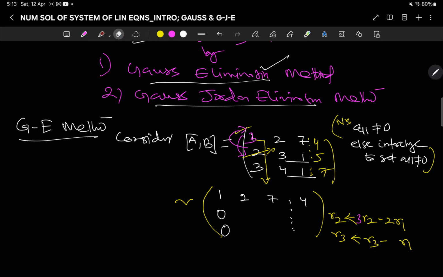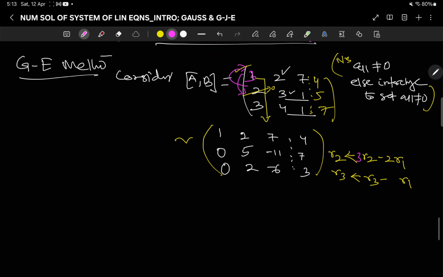After that your calculation will be 3 R2 minus 2 R1, it is 9 minus 4, which is 5, and similarly you compute the others: it is minus 11, it is 7, and it is 2 minus 6, and it is 3. In the next step you use this to bring this position to 0. So in the next step you perform R3 replaced by 5 R3, you multiply 2 with this, so minus 2 times R2.